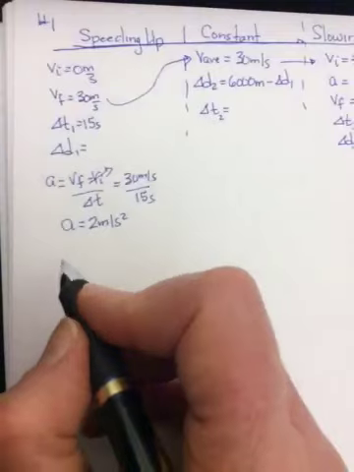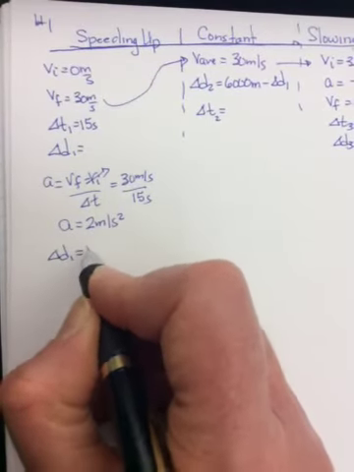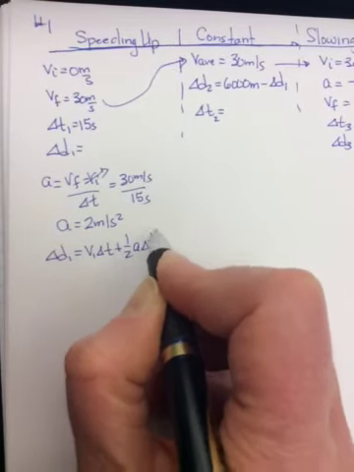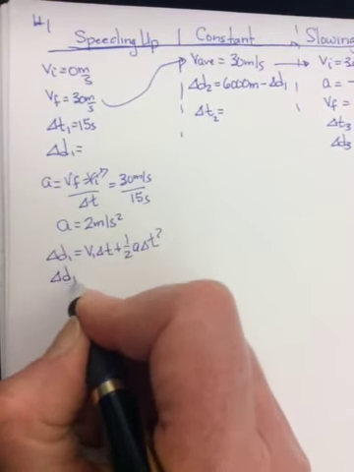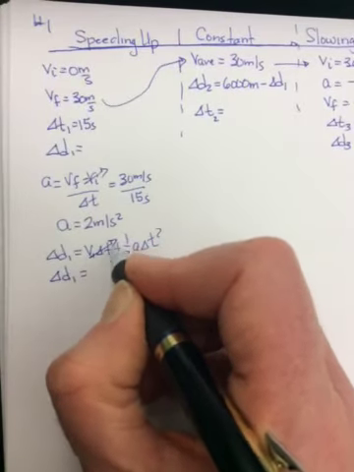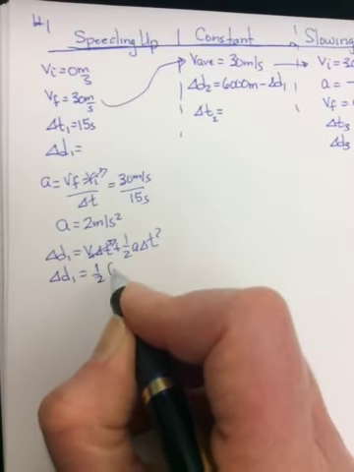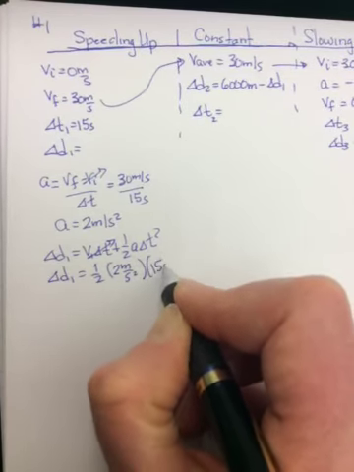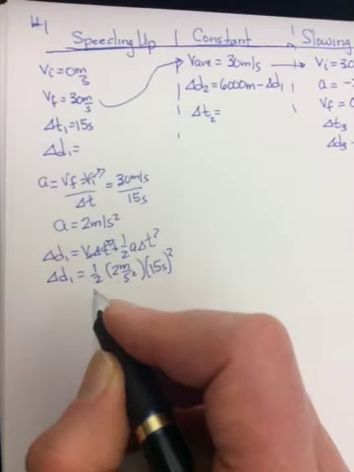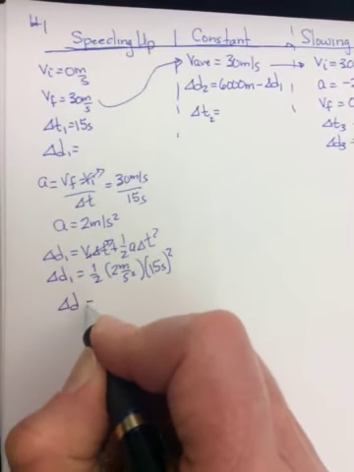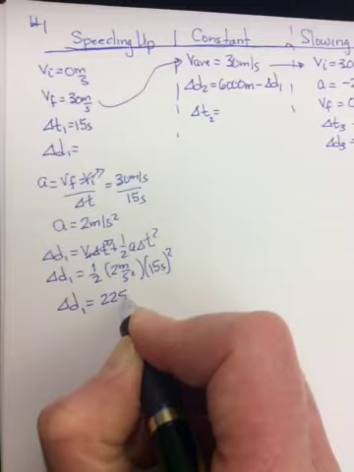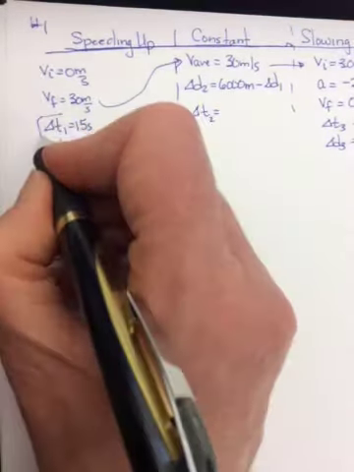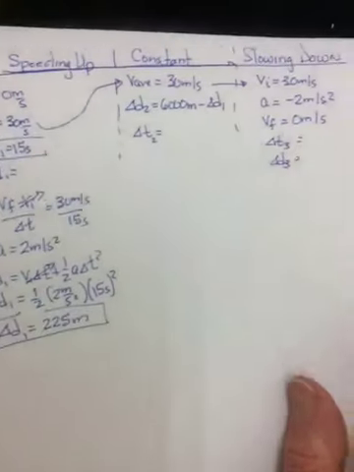Once we have that, we can now get our delta D1 because we know it's equal to VI delta T plus 1/2 A delta T squared. So delta D1 equals VI is 0, so this whole term disappears. 1/2 of 2 meters per second squared times 15 seconds squared. 2 times 1/2 is 2, 15 squared is 225 meters. So delta D1 is 225 meters, delta T1 is 15 seconds.